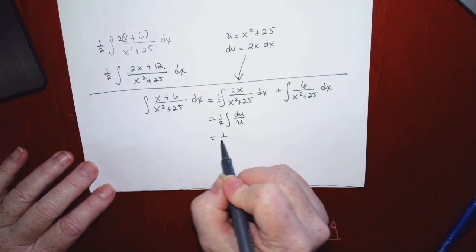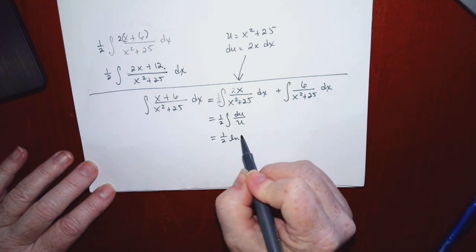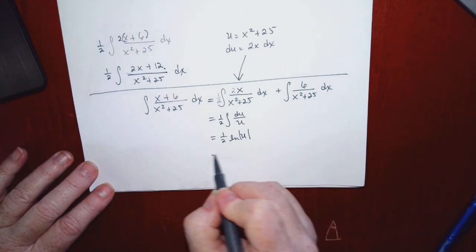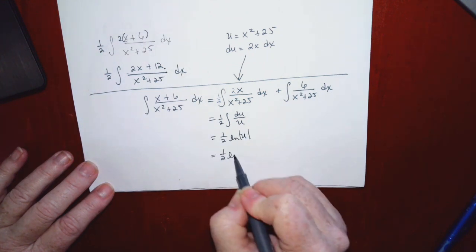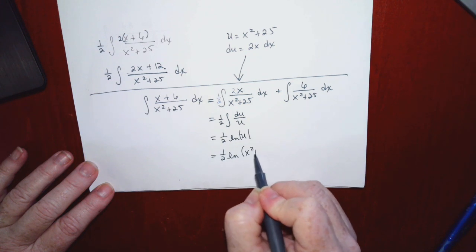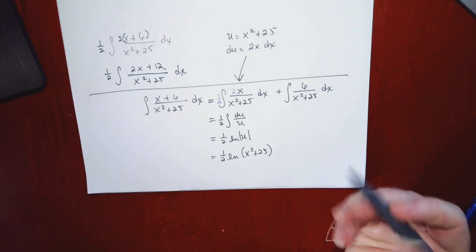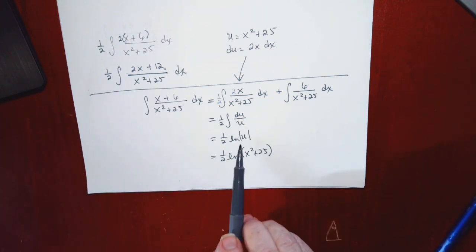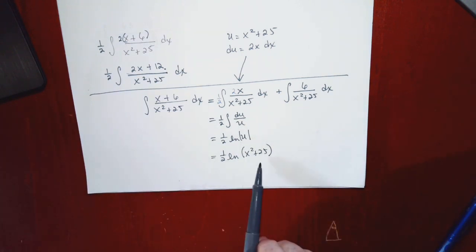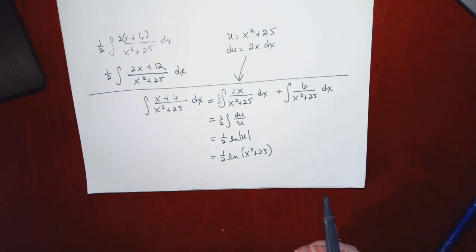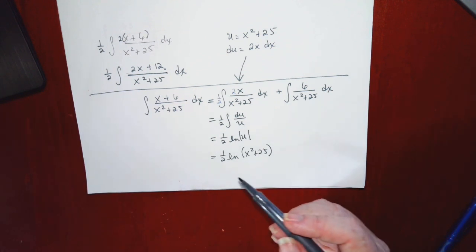So that's going to be 1/2 the natural log of absolute u, or 1/2 the natural log of x squared plus 25 for just this part of that integral. Now notice I changed from absolute values to parentheses here because x squared plus 25 is already always positive, so the absolute value signs are redundant.